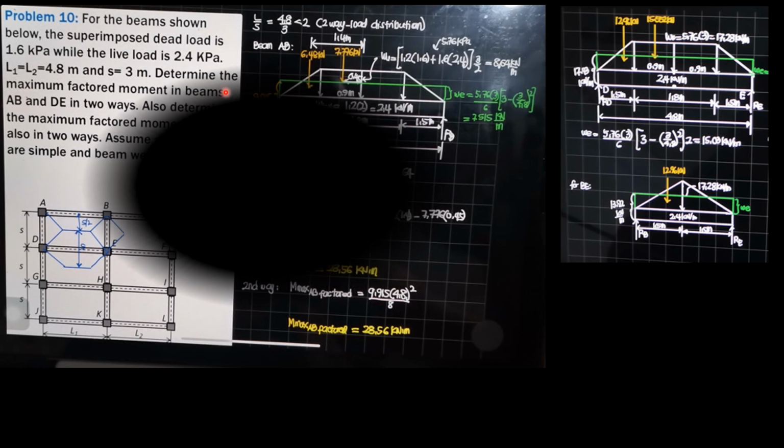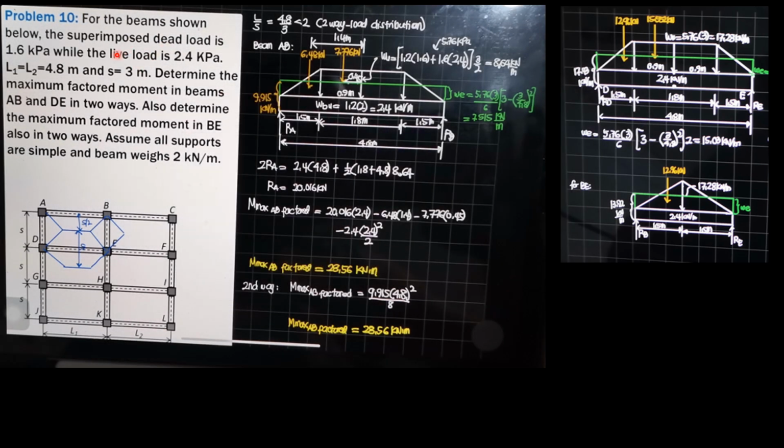So here's the problem. For the beam shown below, the superimposed dead load is 1.6 kilopascals, while the live load is 2.4 kilopascals. So L1 equals L2 equals 4.8 meters, and S is 3 meters. Determine the maximum factored moment in beams AB and DE.